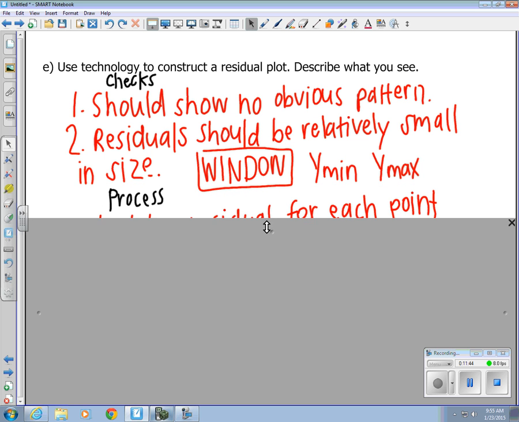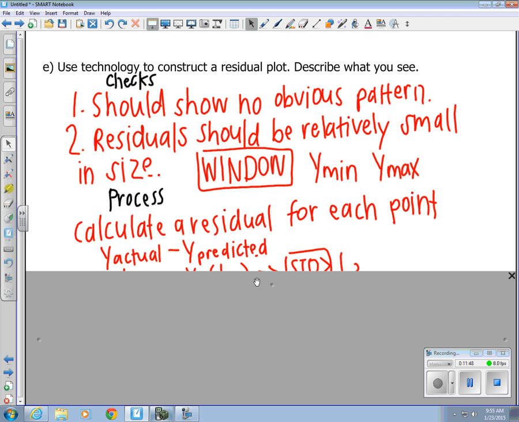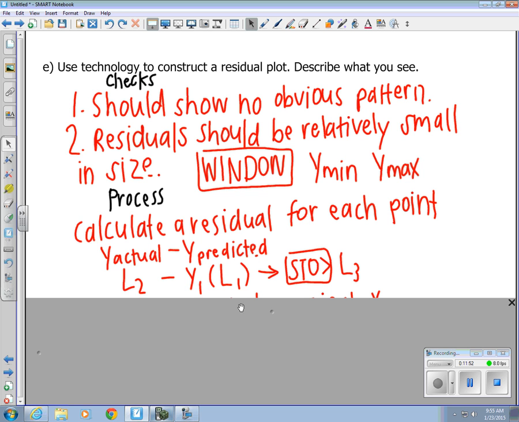So the process: you want to calculate a residual for each point, and we went over that. So it's y actual minus y predicted. In your calculator, the data in your L2 is the y actual, and then you want to plug all of L1 into that equation. So you do y1 as a function of L1, and then store that in L3. So I'll go through that.